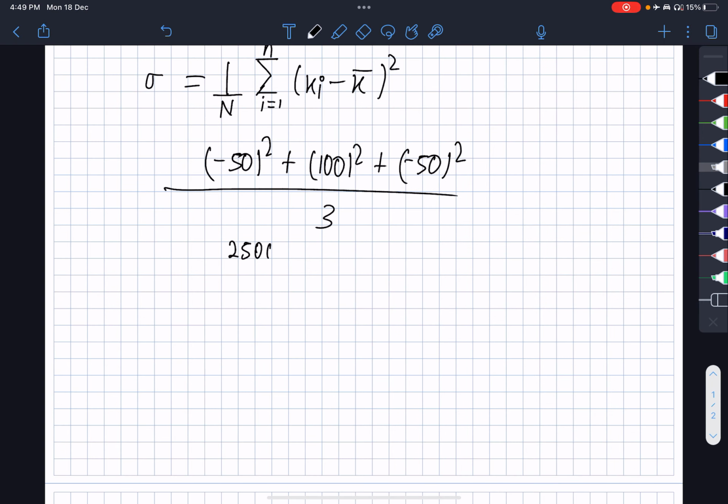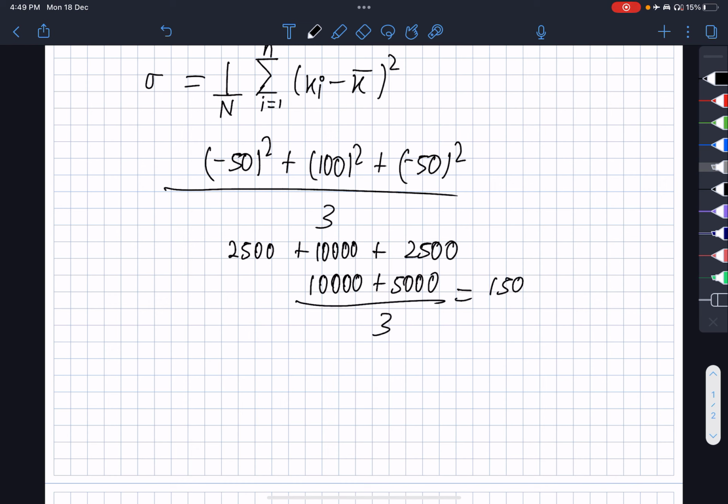This is 2500 plus 10,000 plus 2500. It's 10,000 plus 5,000 by 3, which is 15,000 by 3, and it is 5,000. So the standard deviation of player A is 5,000.